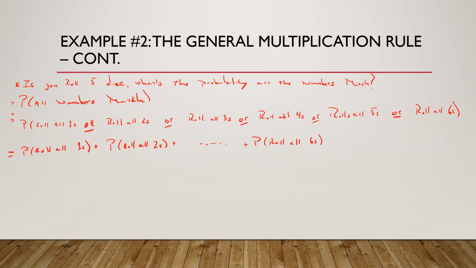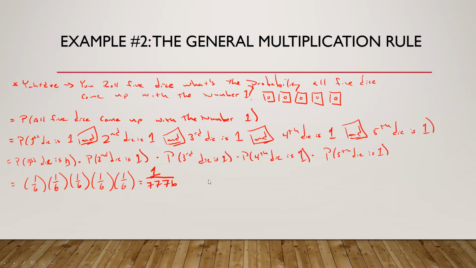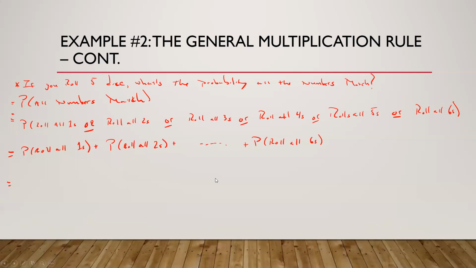It won't happen. So we figured out the probability you roll all ones in the previous example here. It was 1 in 7,776. What do you think the probability you roll all twos is? You think it's the same exact thing? Yep.